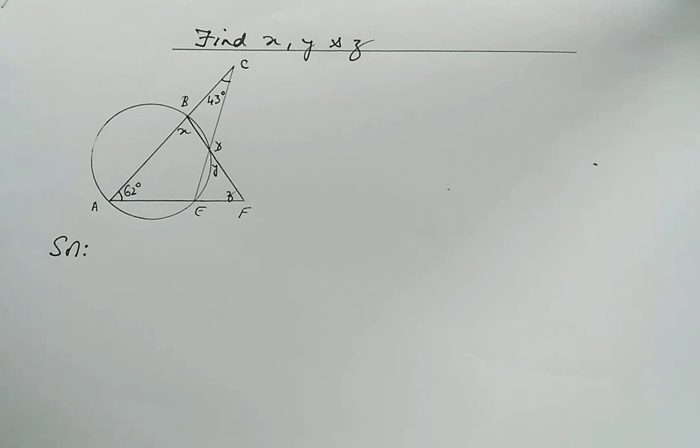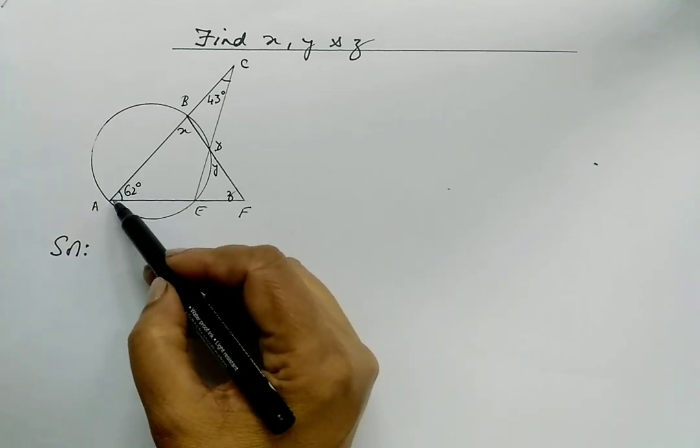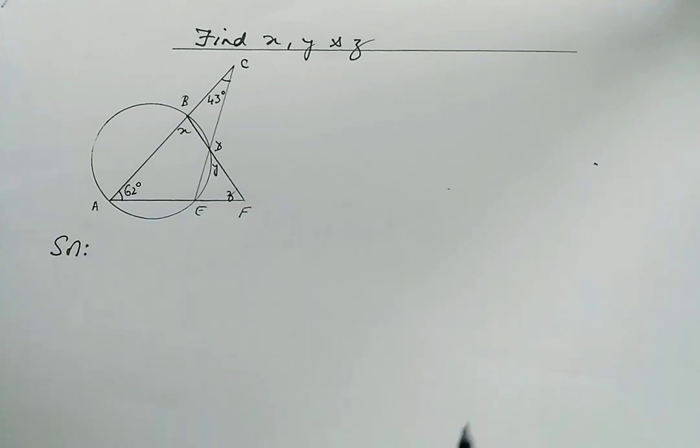So how do we proceed? First of all, we already know that one cyclic quadrilateral is taking place, A, B, D and E, isn't it? So we'll have to use this to our benefit. Alright.